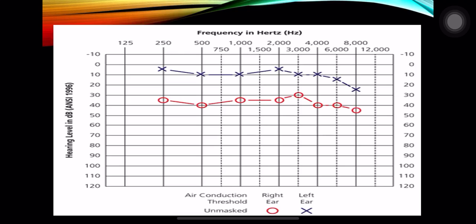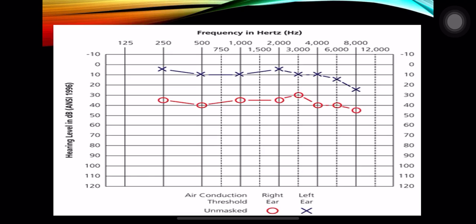So to conclude whether it is a conductive hearing loss or sensorineural hearing loss, you should know one thing. If in an audiogram, only the air conduction is given and there is a defect in the air conduction and the bone conduction is not given, one should assume that the bone conduction is normal, because only when the bone conduction is normal, an audiologist will go for the air conduction alone, right?